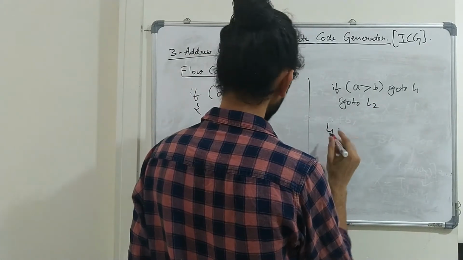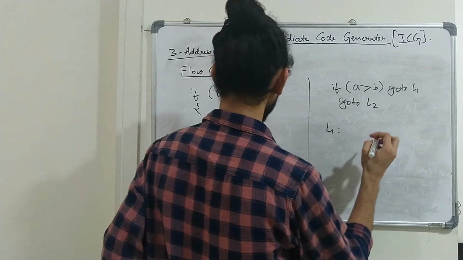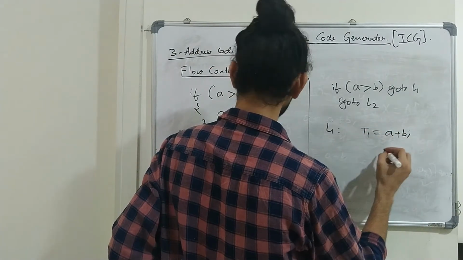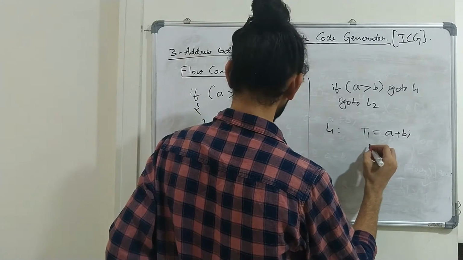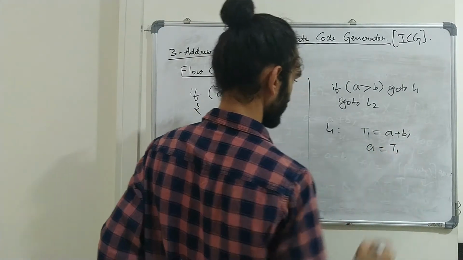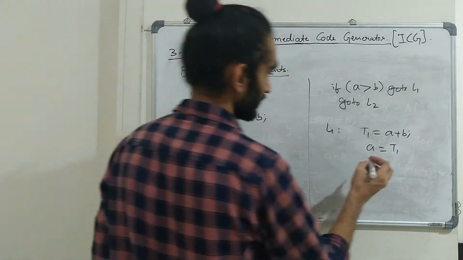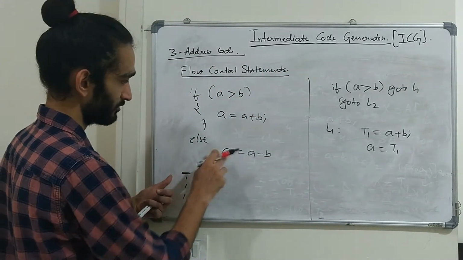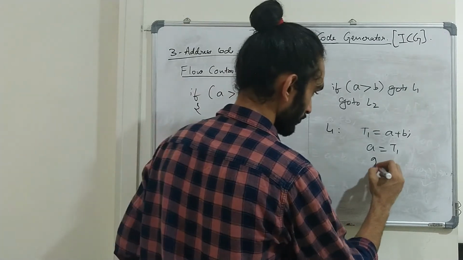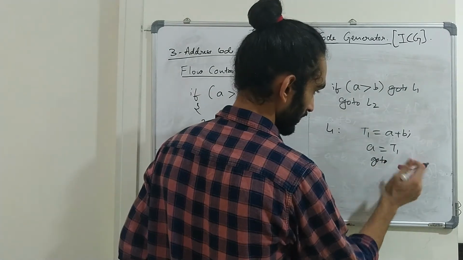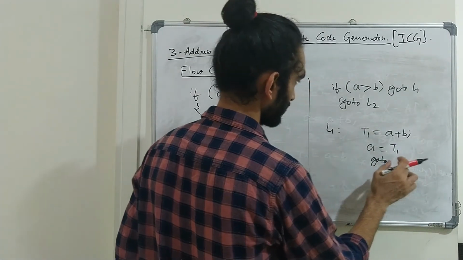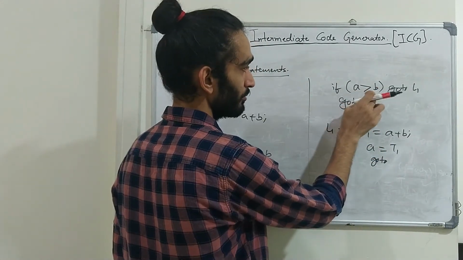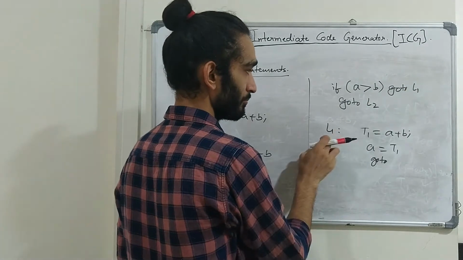A label which is going to be T1 equals A plus B, A equals T1. And after executing this, I want to come here, right? I don't want to execute this, so I am going to write one go to statement. I will write one tag in here afterwards, right? So if this is going to be true, this is directly going to jump in here, right?